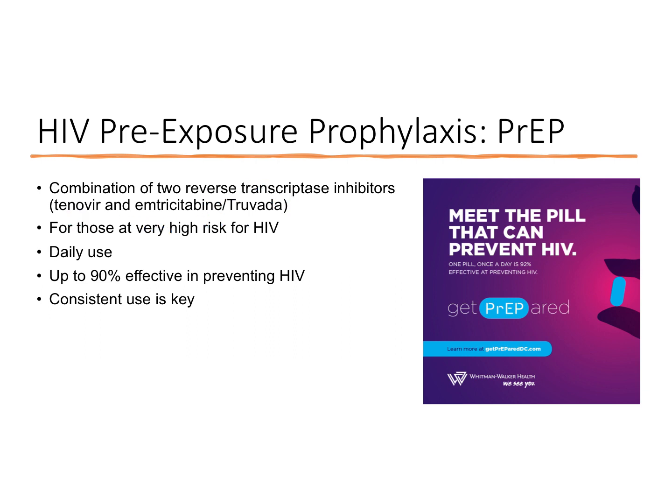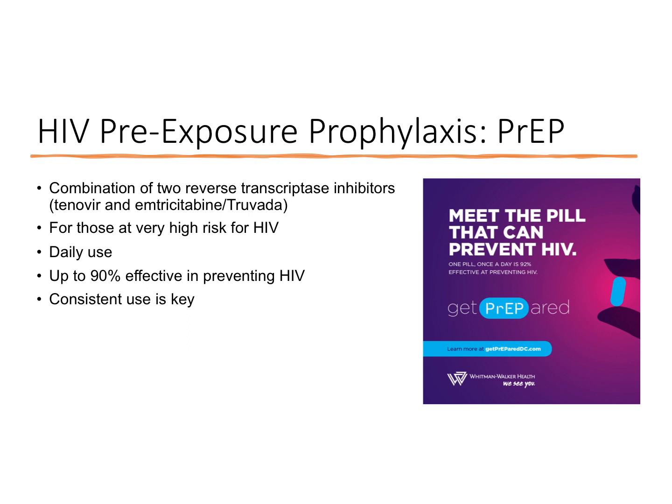That's this combination. And this is a daily medication taken by people who are at very high risk for HIV. Your book said up to 90% effective, but this ad here actually says 92% effective. So with regular daily use, it is very effective.